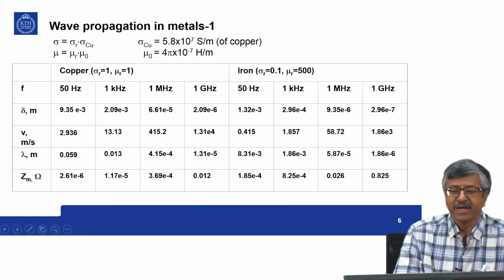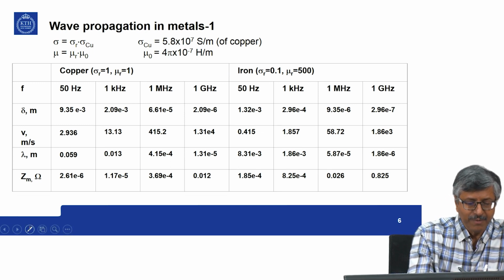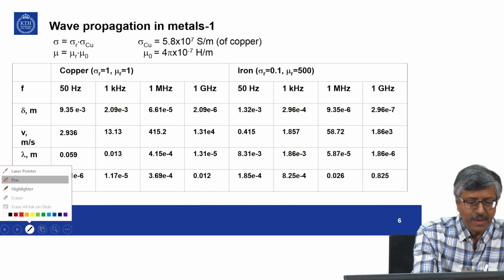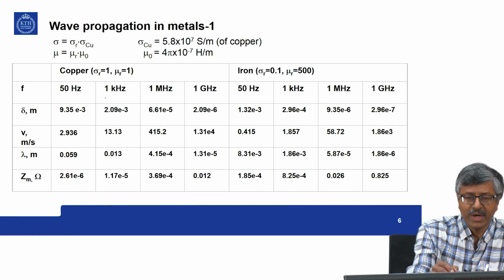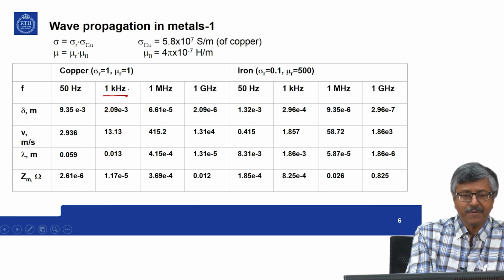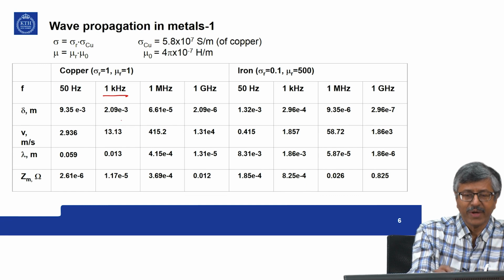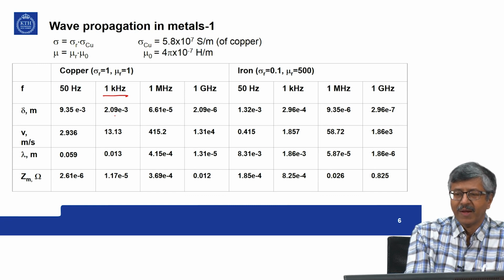So, let us take a frequency of 1 kilohertz. Now, the skin depth is 2.09 millimeter for copper.